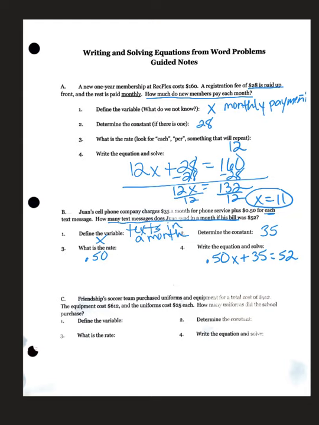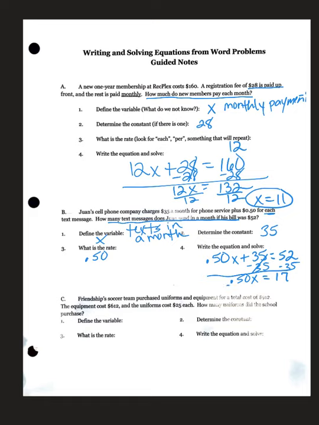Okay, well, to figure out how many text messages were sent that month, we've got to solve for x. We do the opposite. You're going to subtract 35, and that's going to leave 50 cents times x over here. 52 minus 35 will be 17. And then the last step is going to be divide by 50 cents.